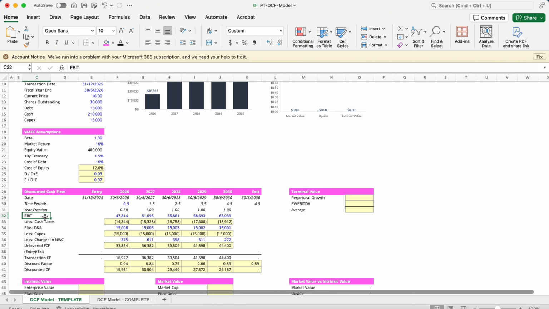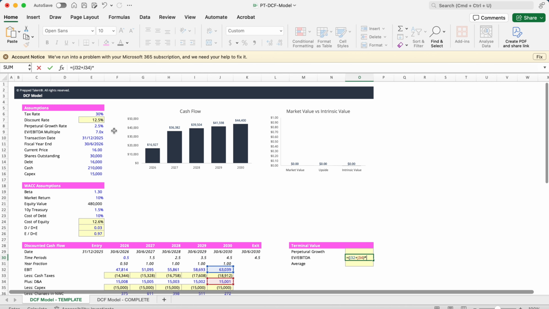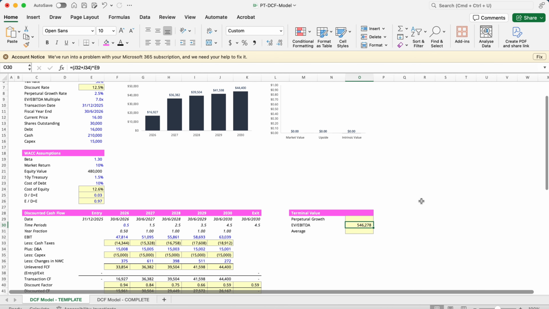So we've got EBIT here, we've got the depreciation and amortization, so we just need to add those two together. So first we'll add those two together on the terminal value there, so that plus that one there, and then times that by the multiple. So 546.